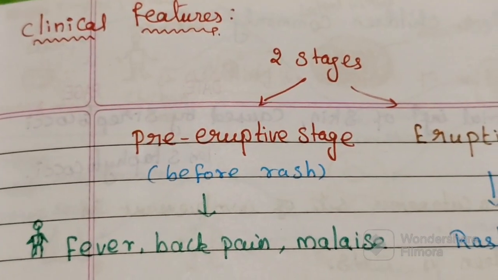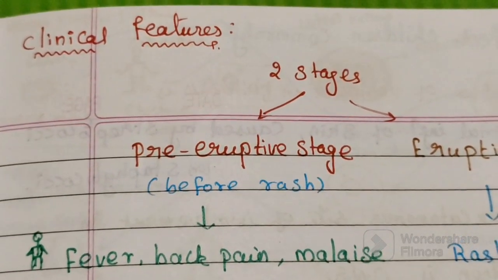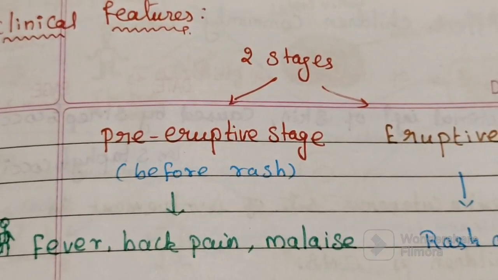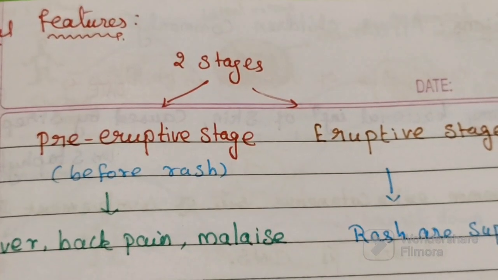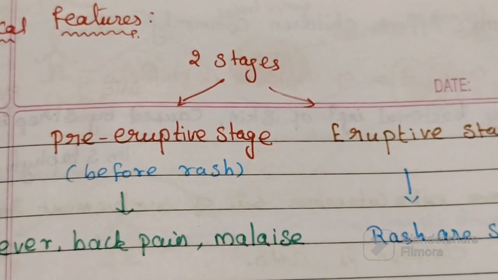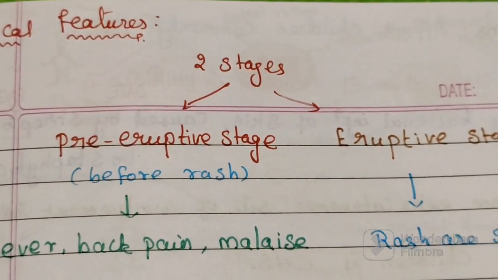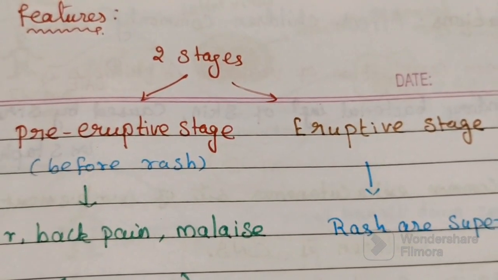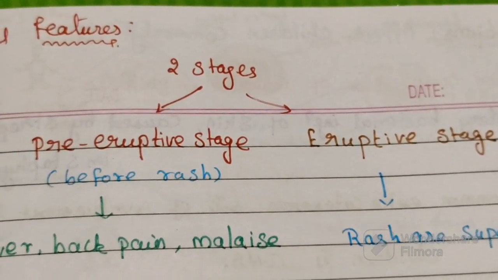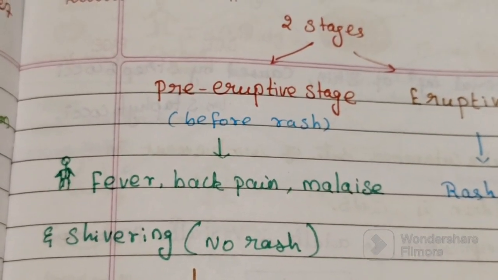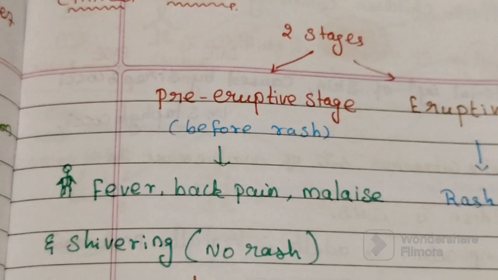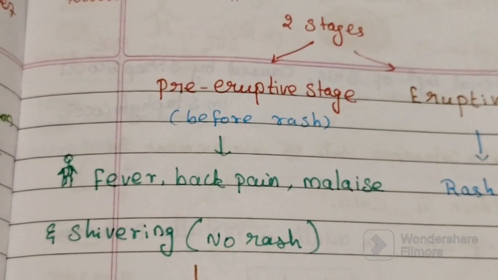Next, clinical picture. There are 2 stages: pre-eruptive stage, then eruptive stage. Stage 1 is called pre-eruptive, before the rash. Stage 2 is the eruptive stage. In the first stage, the person will have fever, back pain, malaise, shivering.